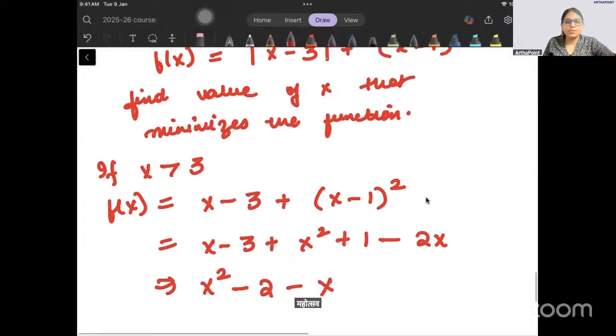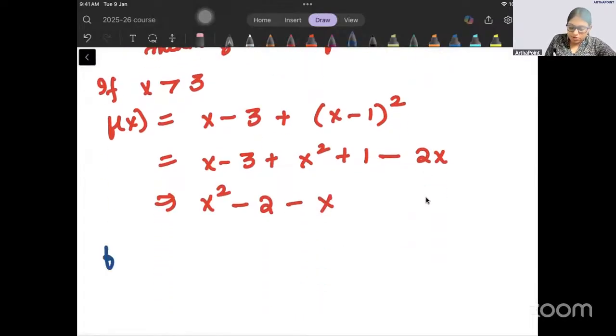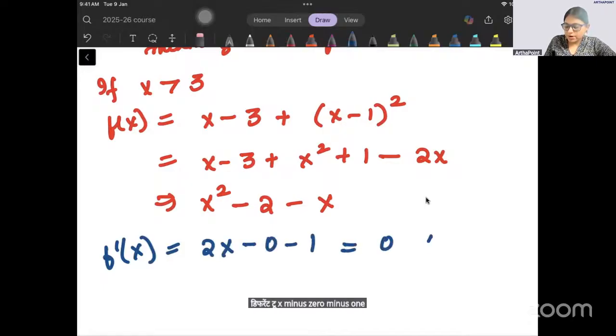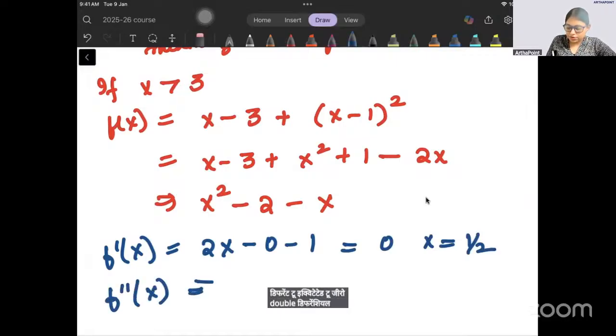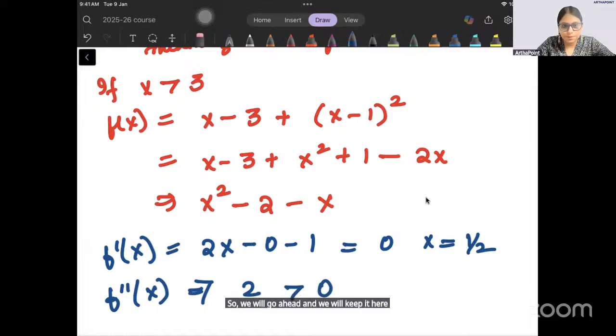Differentiate the function: 2x minus 1 equated to 0, so x is half. Double differentiate the function, you get 2, which is positive, right? So we will keep it here for now.